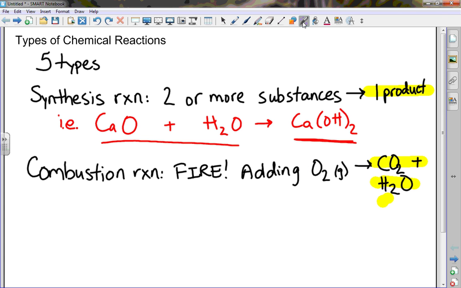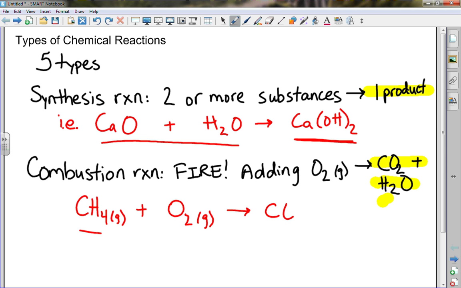So the most common combustion reaction is the combustion of methane gas, which is a hydrocarbon, which means it's just hydrogen and carbon. And we're going to add O2, oxygen gas, and of course we're going to produce carbon dioxide gas plus water gas.